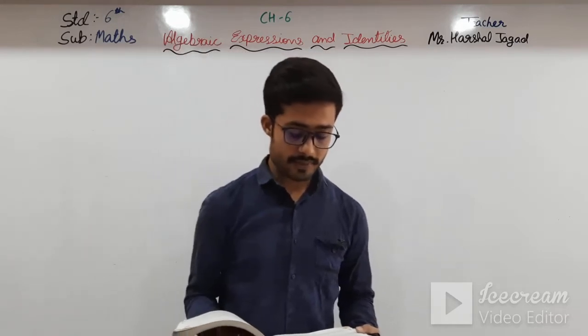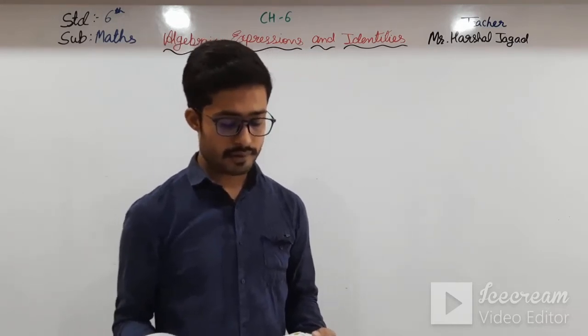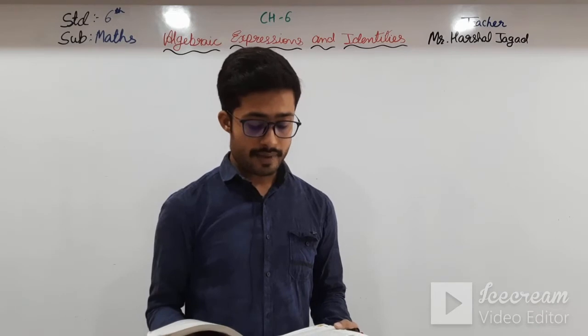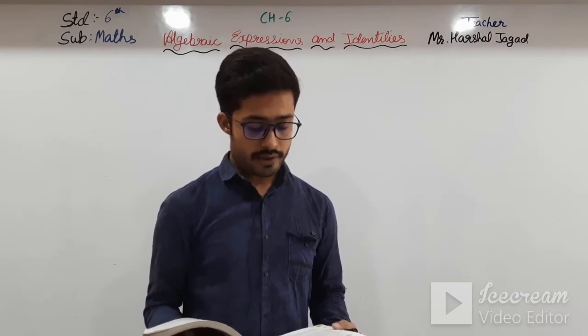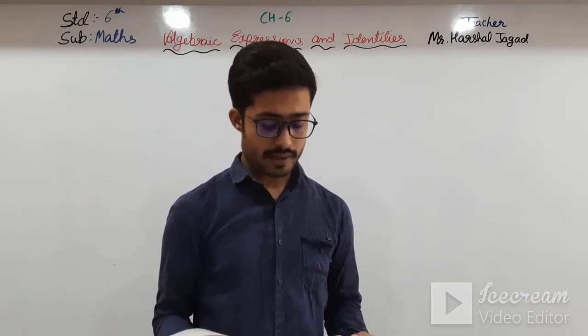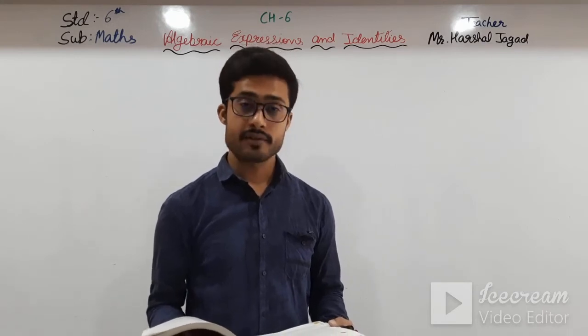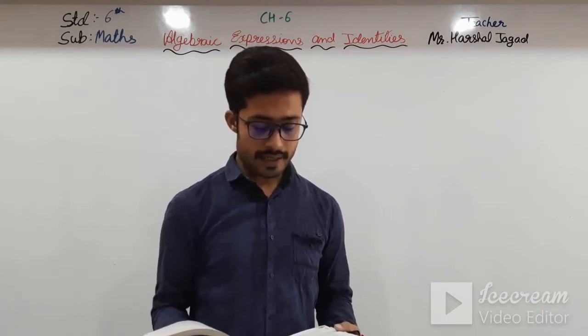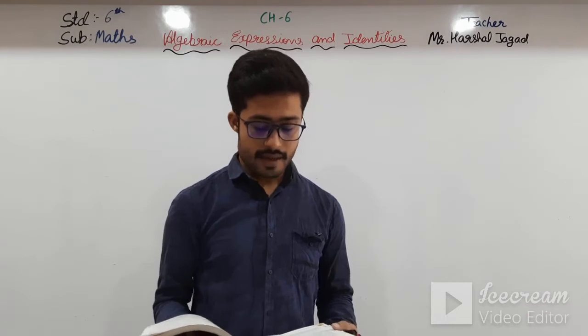An algebraic expression thus is a combination of numbers, literals and arithmetic operations. In algebraic expressions, the terms are connected together with operations of addition or subtraction. In an algebraic expression, there may be many terms.